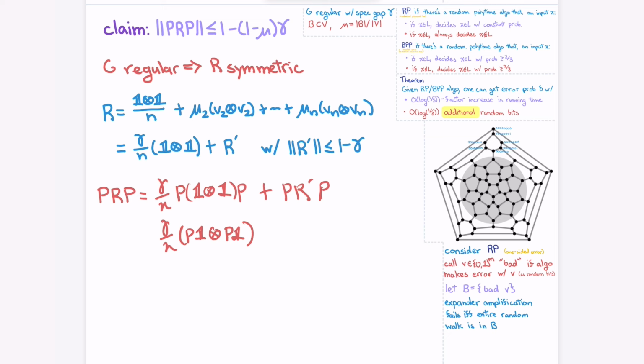What does P applied to the all ones vector give? Yeah, it's still a matrix. It's going to be ones B, only ones on the vertices in B, zero everywhere else.